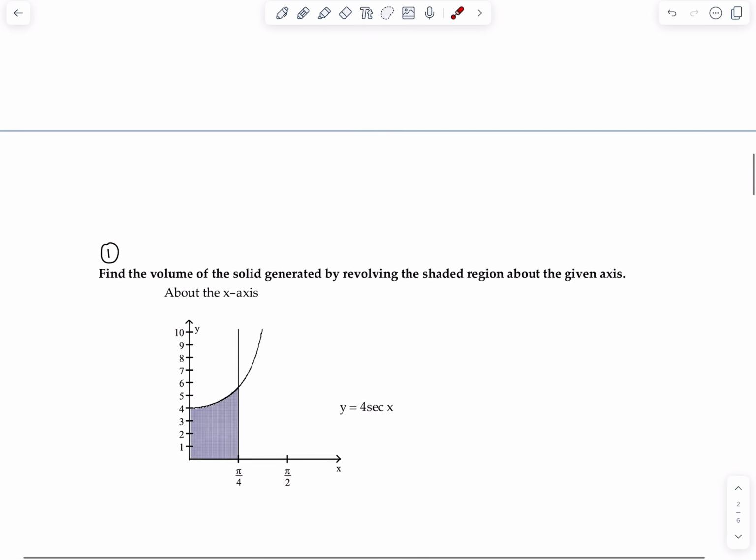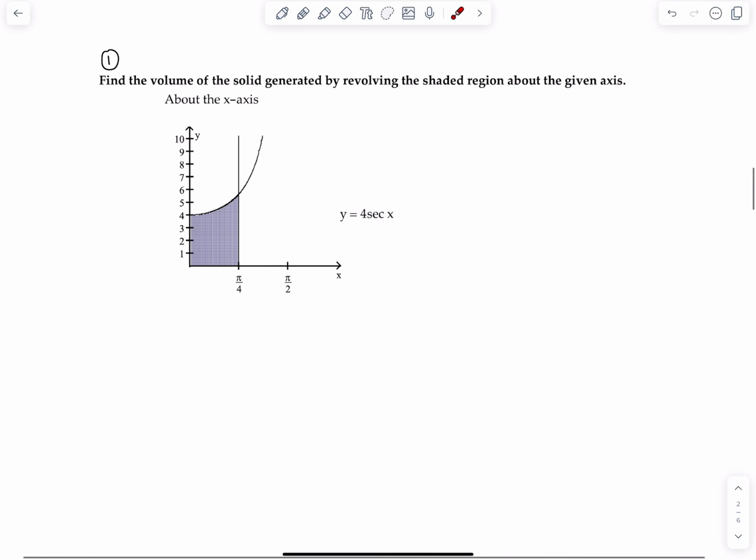Hop to it. First one, find the volume of the solid generated by revolving the shaded region about the given axis. And they told us here we're going to spin it around the x-axis. All right, so I always add a little symbol like so to indicate what we're revolving around, and you got to draw a graph.